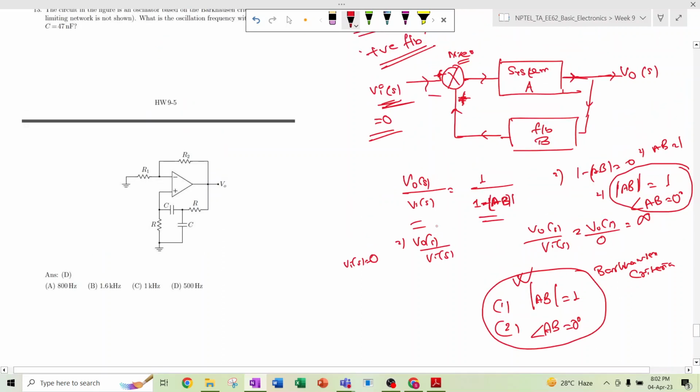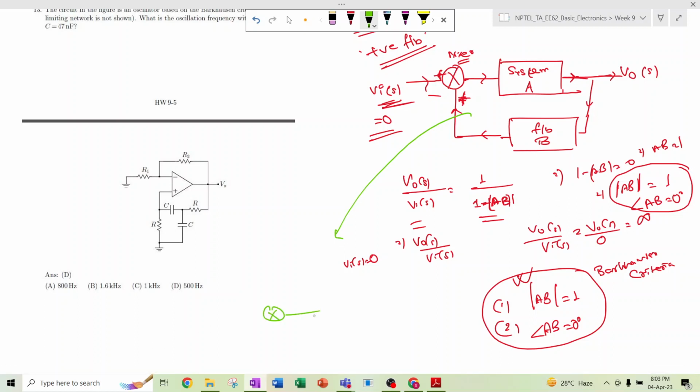Okay, so A and B. Suppose we want to find the value of A from this diagram, how can we find it? It is a mixer, and here it has A, and it has Vo(s) and Vi(s).